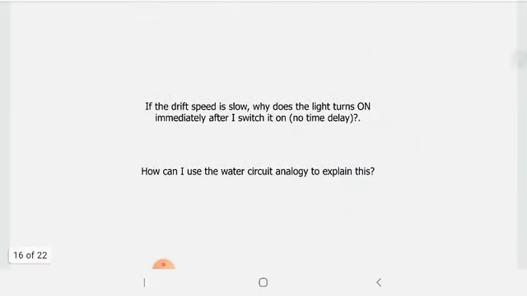And then another question that you might ask is, kung mabagal yung drift speed, bakit kapag pinindot ko yung switch, bakit agad-agad na nagliliwanag yung ilaw sa itaas? There's no time delay. Di ba dapat aantayin? Medyo mag-antay muna ako ng konti because the charges will be slow in moving.